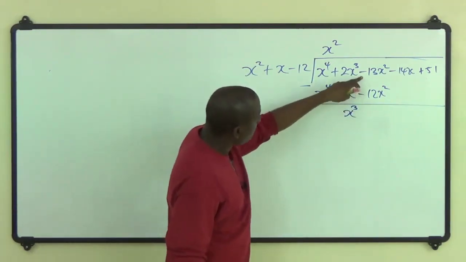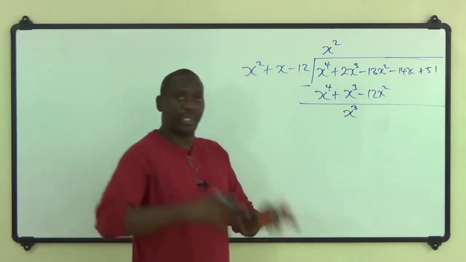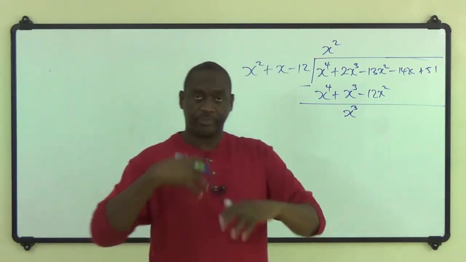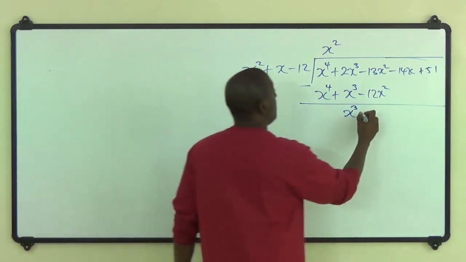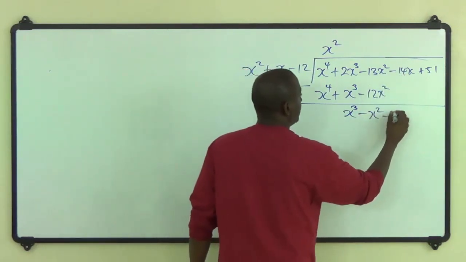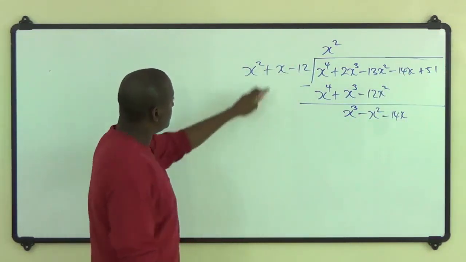Minus 13x squared plus 12x squared will give you minus x squared, and then we bring the minus 14x down from the top because we have three terms here. So we're going again.